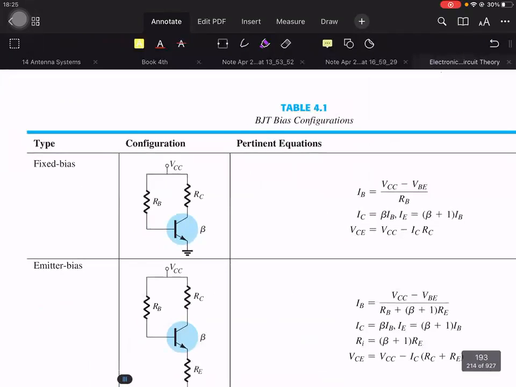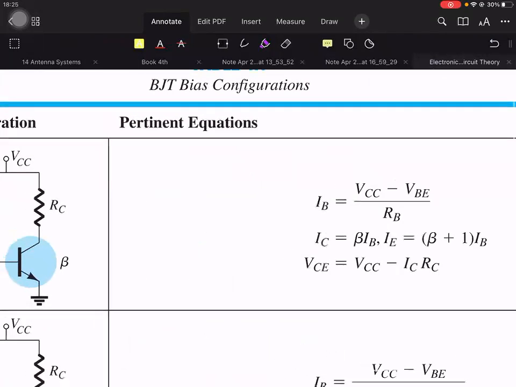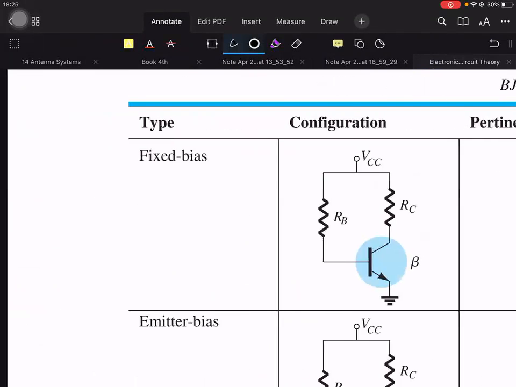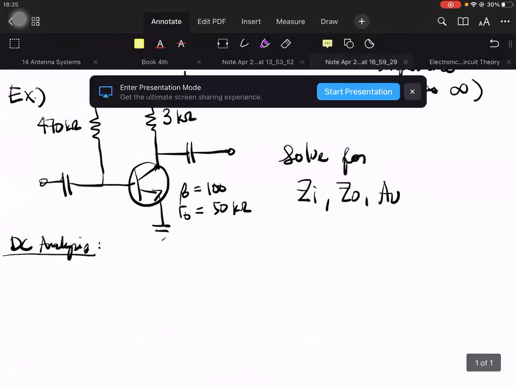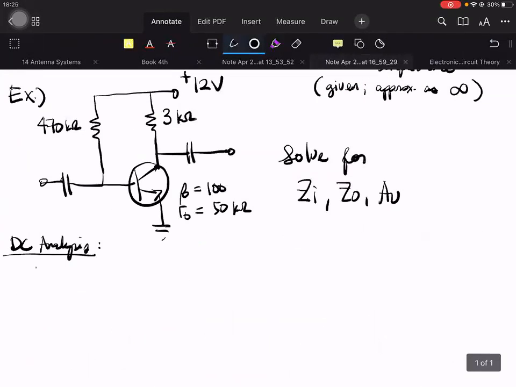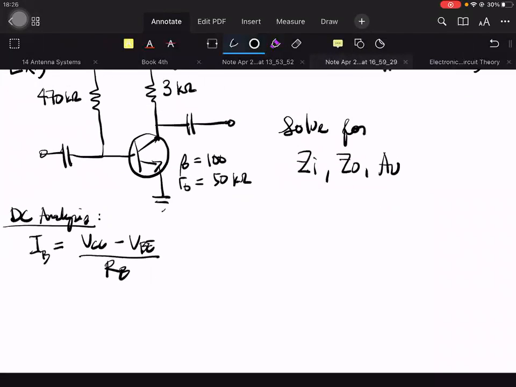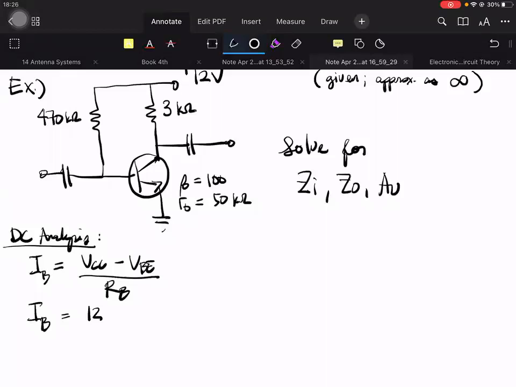Solve for IE. IE is beta plus 1 times IB. IB is VCC minus VBE over RB. I'll use this one because it is fixed bias. So IB equals VCC minus VBE over RB, which is 12 minus 0.7 all over 470K.